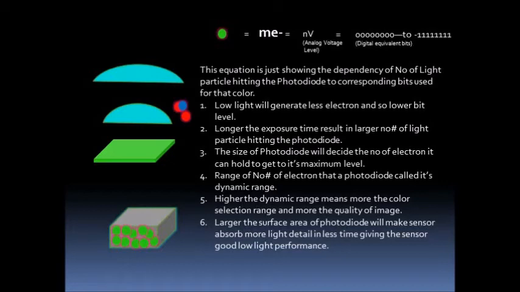That's why in low light conditions we generally keep our shutter speed low, which means the exposure time high, to get a brighter image, to get high quality of image.